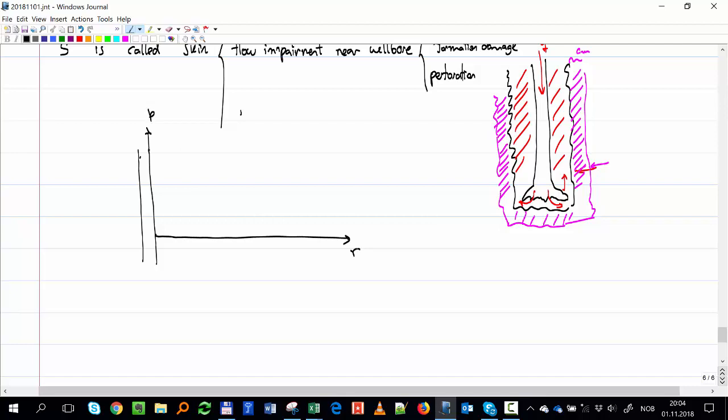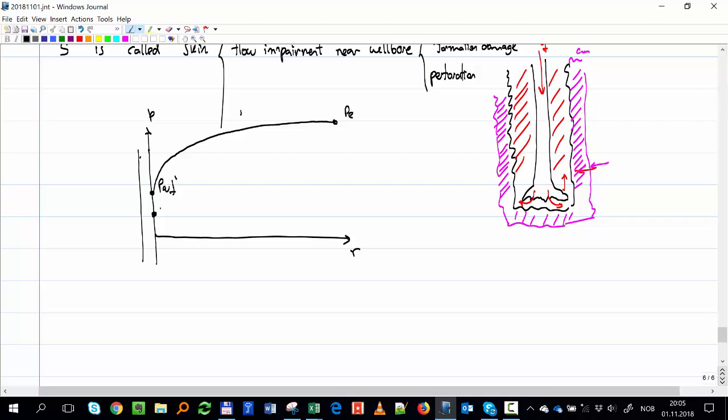Ideally, we are going to have this distribution, going from PWF to PE. And that's the one that is given by the other equation. Ideally, I have no skin, nothing. But in reality, I have a lower pressure.